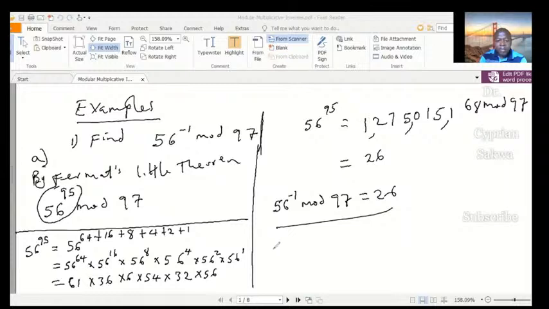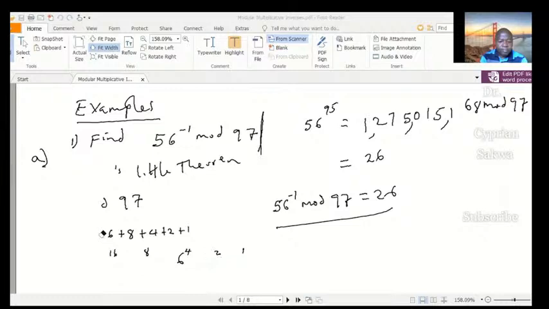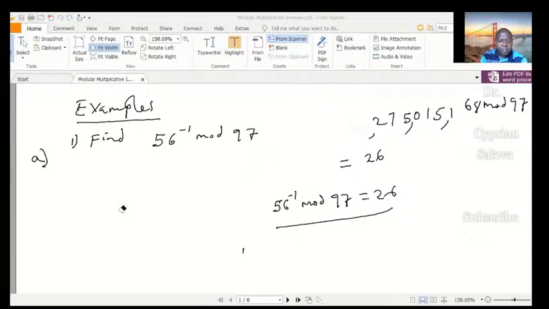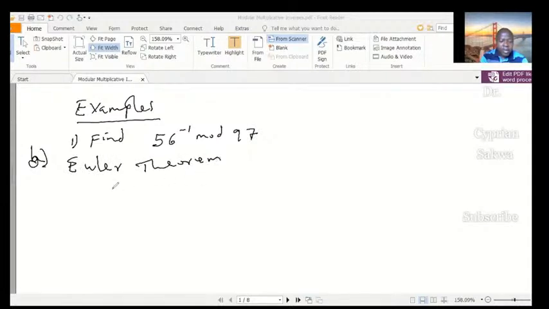Let me use the Euler theorem in my gain arrays and use the Euler theorem. So I want to use the Euler theorem to find the inverse.